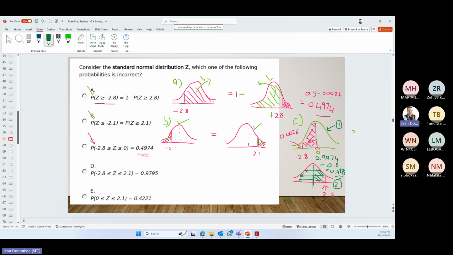Visually it makes more sense to go this route. We know half, left of 0, is 0.5. If we know that small area, we subtract it from 0.5, we get the 0.4974. Okay, cool. There's a hand.